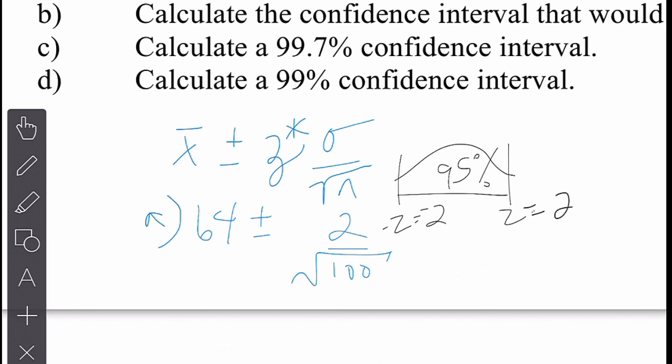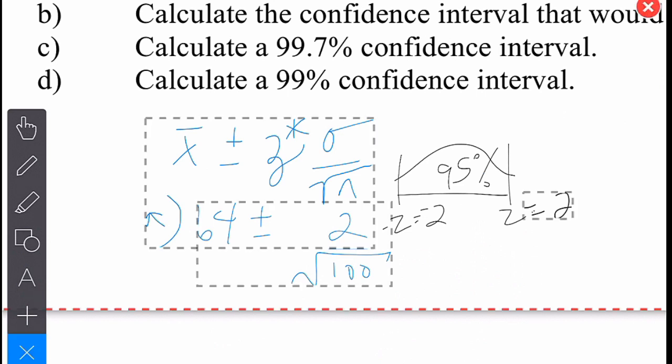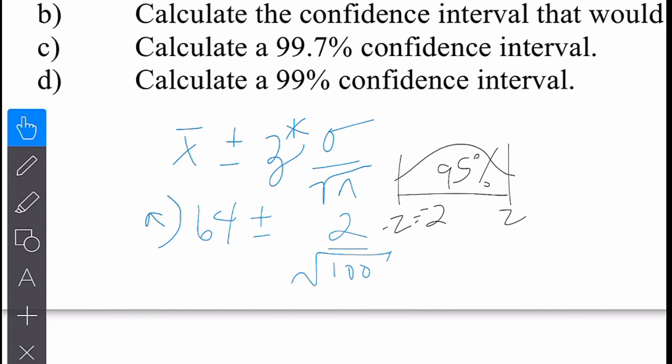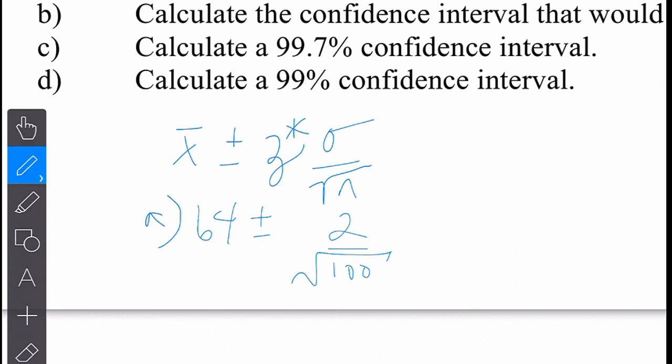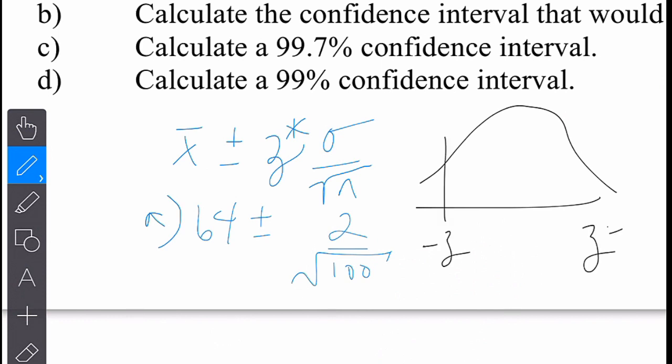20. All right, so we're going to use 1.96. So we're going to update that table. And in fact, for 3 decimal places, Z is negative 1.96 and positive 1.96.